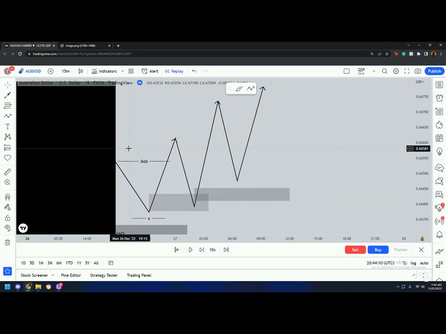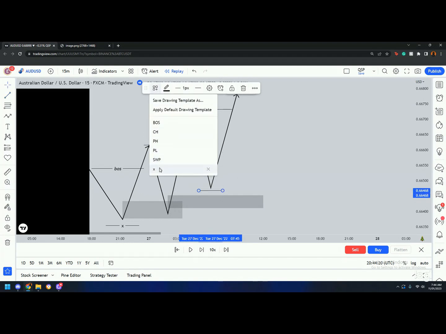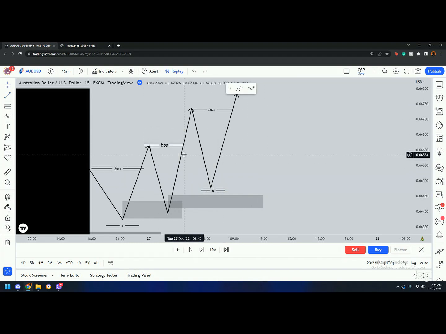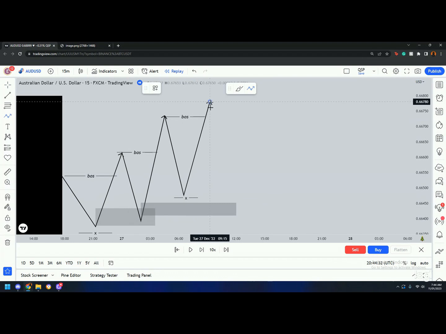So we have a break structure here, and then a break structure here. But because this whole zone is the new liquidity: break structure, mitigate demand, another break structure, and then another break structure. But it left this whole zone unmitigated. So then the price will come back, sweep this low, and then continue up.